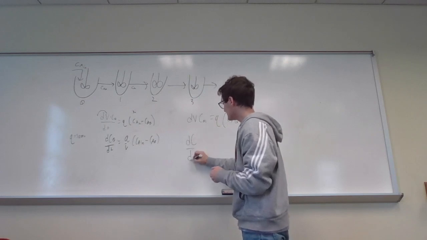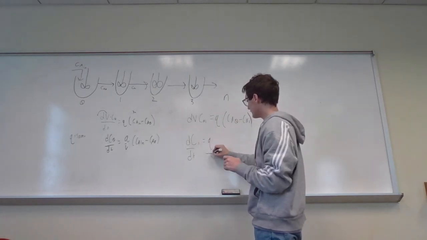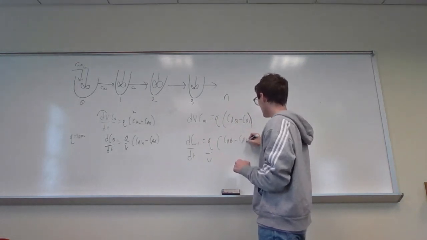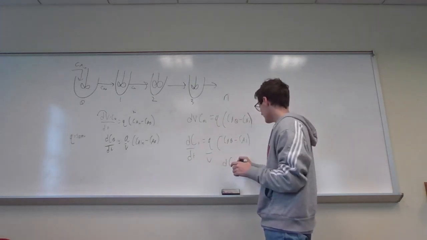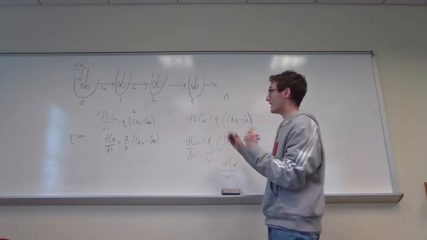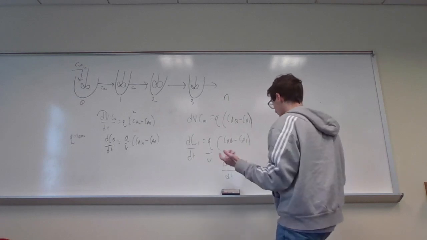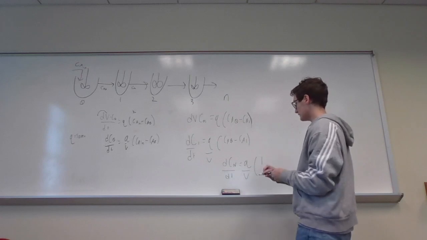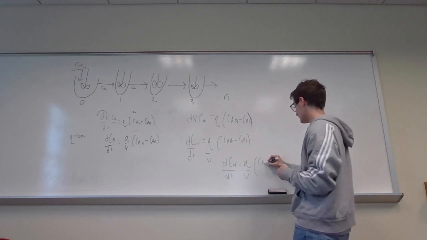dC over dt, for example for tank 1, we can do this for n, equals Q over V, constants, times CA0 minus CA1. So what we can end up doing is essentially dCn over dt, the concentration of n number of tanks, equals Q over volume, which we know, times CA,n minus 1, except there's going to be a limit.